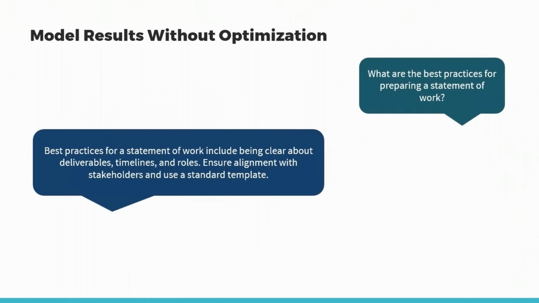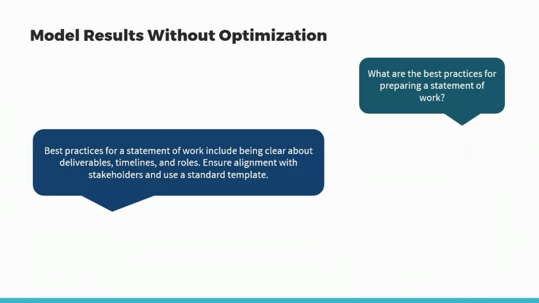Let me show you an example of why exactly this is relevant. Let's say you're working with a Gemini model that hasn't been optimized to your domain or use case. Now, you might ask the model something like, what are the best practices for preparing a statement of work? Now, a statement of work or a SOW can pertain to practically anything. And really, the prompt doesn't say what domain, what use case.